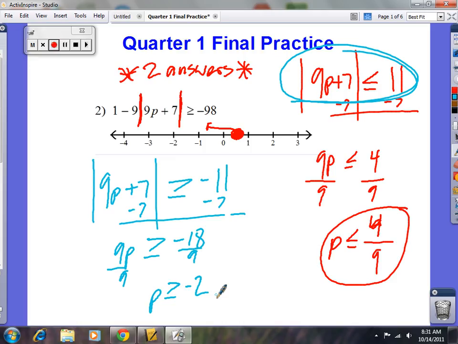There is my answer number 2. So now you got to graph it. Negative 2 on the number line, circle it, fill it in. P is anything bigger, so it's going to go to the right. So they're going to meet in the middle. So your answer is going to be anywhere between a negative 2 and 4/9. Anywhere in between there.